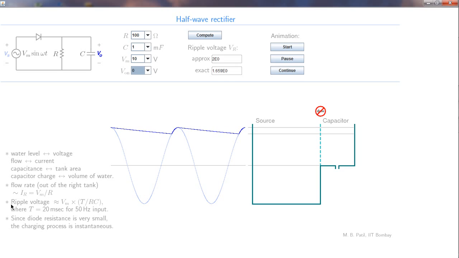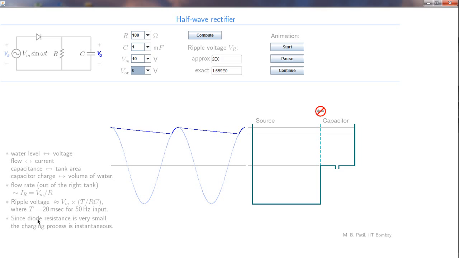Also, it's good to note this formula. Ripple voltage VR is given by Vm times T, the period of the input waveform, divided by RC. We are actually going to derive this formula soon. For a 50 Hertz input, the time period is 20 milliseconds.